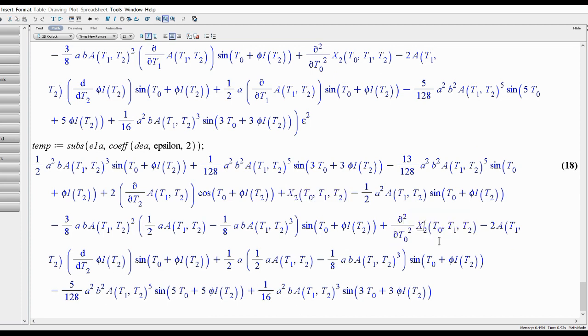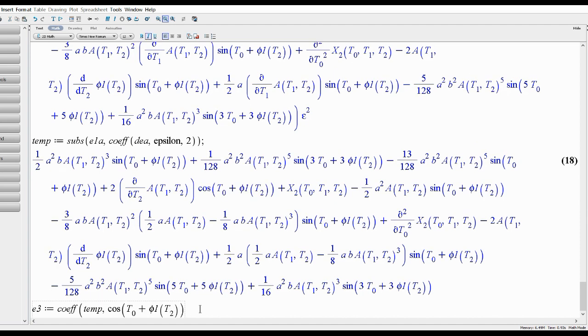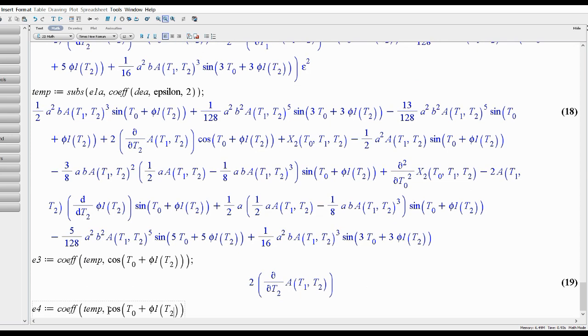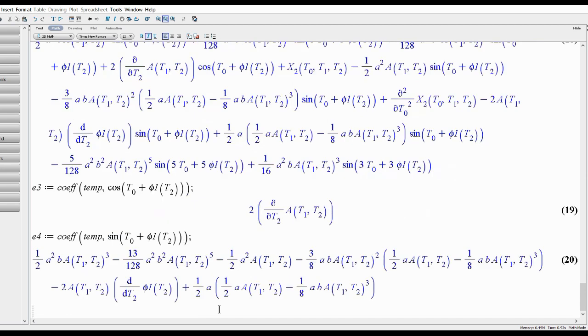It cannot tolerate resonant forcing, and so we come here and we say E3 is equal to the coefficient in temp of cosine, there it is, and we come to E4 is equal to the coefficient in temp of the sine, and here we stop.